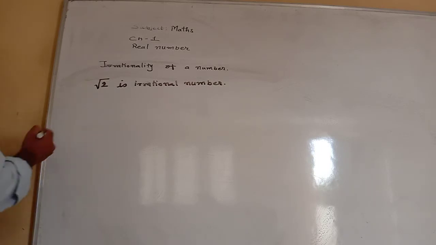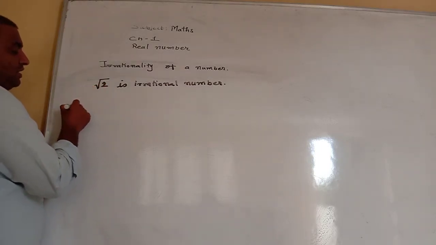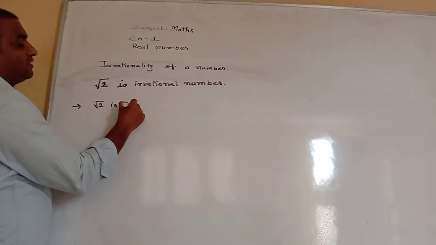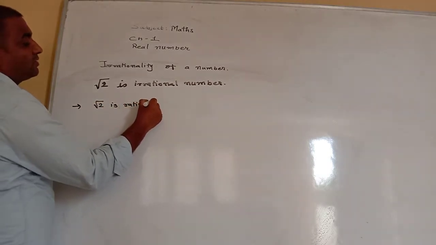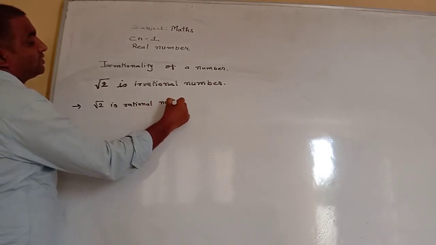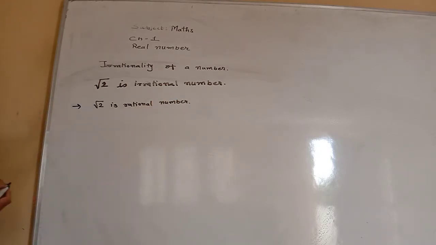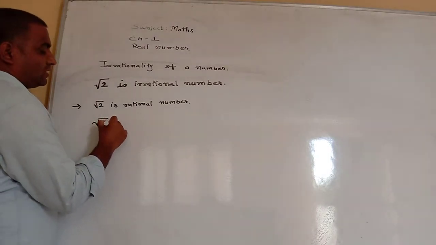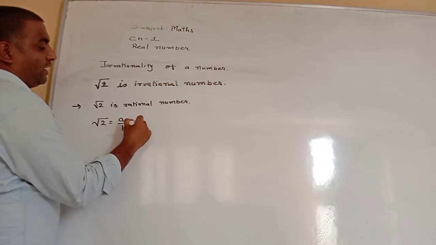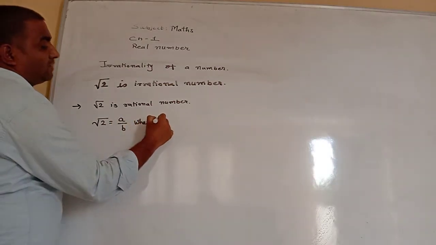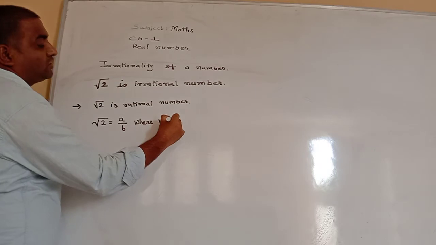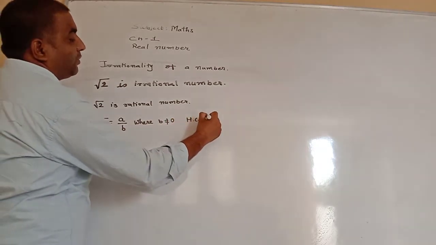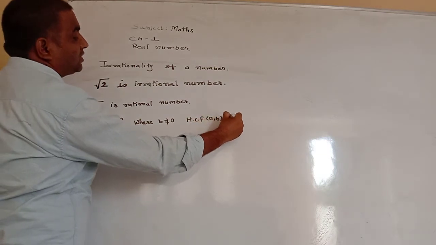So again we go by the contradiction method and let root 2 be a rational number. As per the definition of a rational number, we can write root 2 equals a by b, where b is not equal to 0 and a and b are co-prime, that means HCF of a and b equals 1.